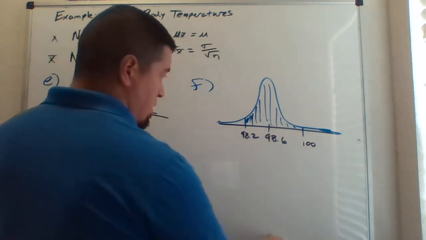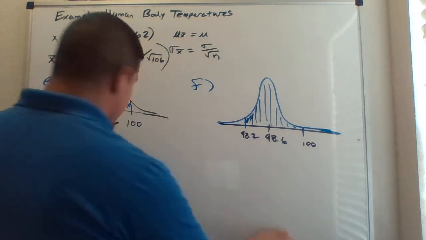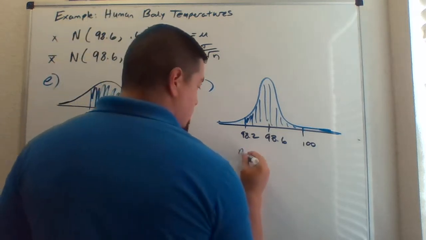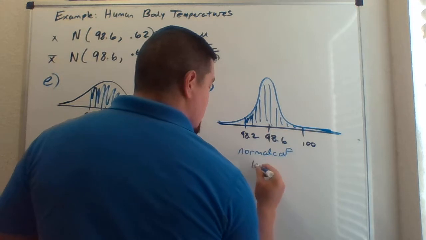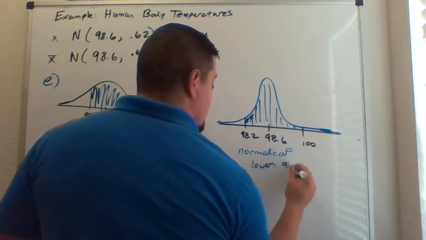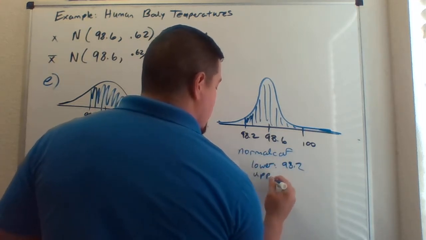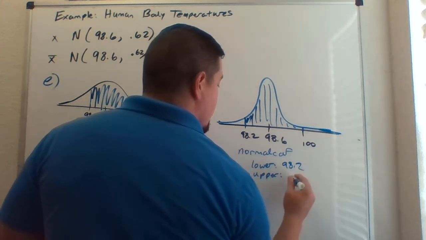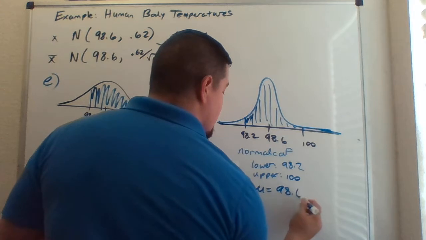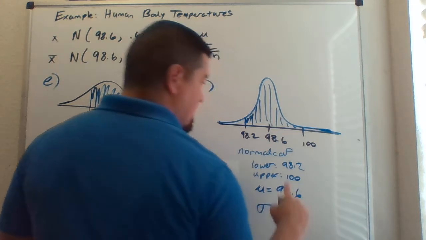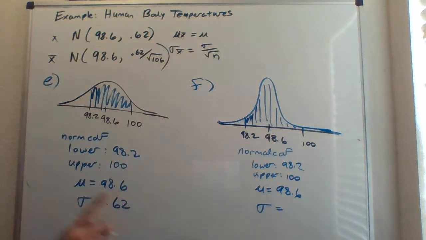That's what I'm looking for. And for this one, we're still going to do normal CDF, and we're still going to do the lower bound, 98.2, and the upper bound of 100, and the mean is still going to be 98.6. But what is the standard deviation?